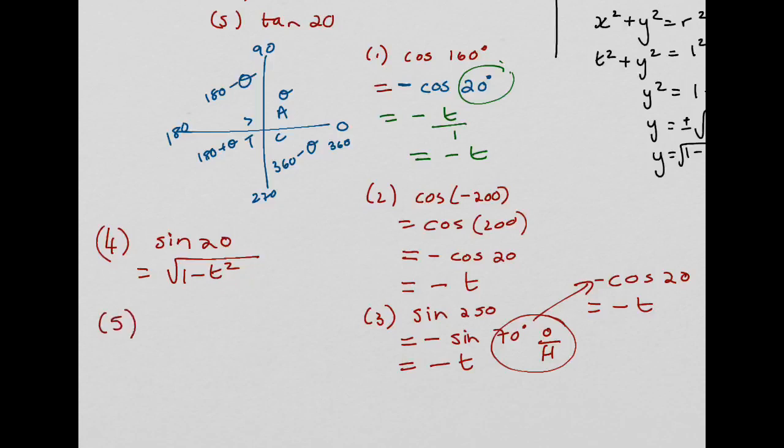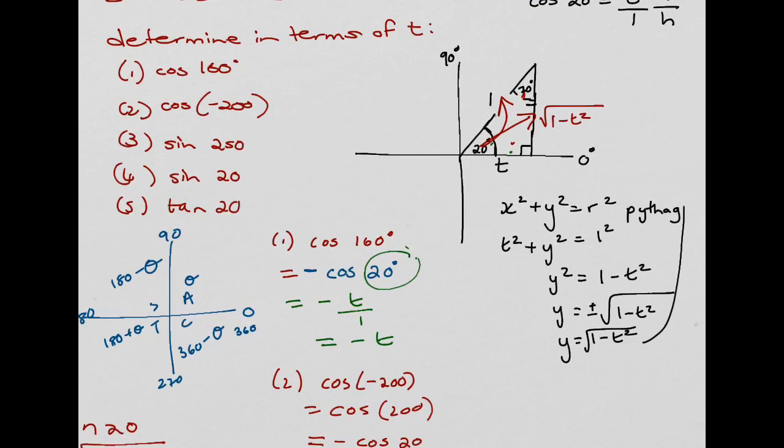The last one, tan 20 degrees. It's going to be the same thing. We're now looking for opposite over adjacent from 20. So what is the opposite from 20 degrees? We are looking at our root 1 minus t squared, and our adjacent is t.